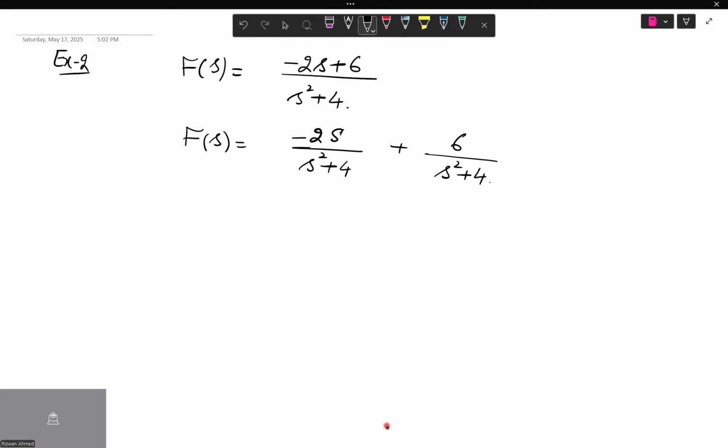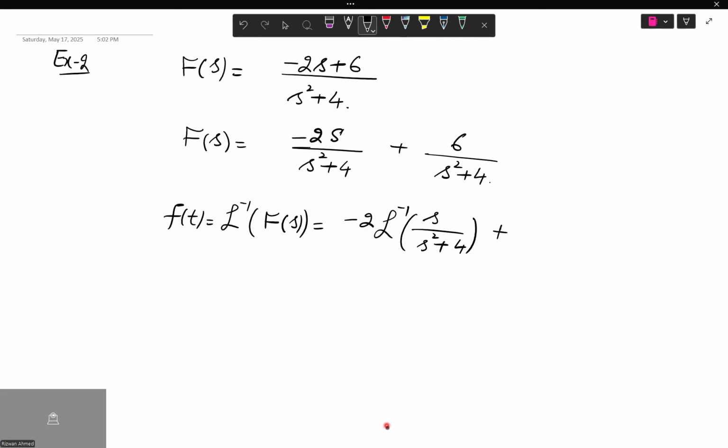The structures are similar to the sine and cosine functions. Therefore, f of t, the Laplace inverse of F of s, is equal to minus 2 times Laplace inverse of s over s squared plus 4 plus 3 times Laplace inverse of 2 over s squared plus 4.